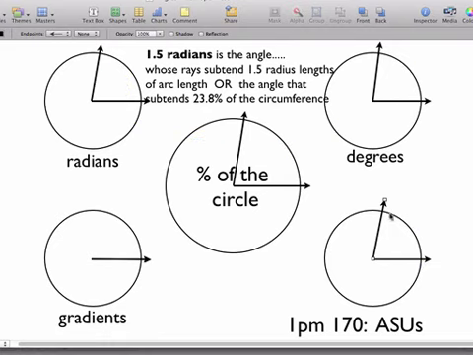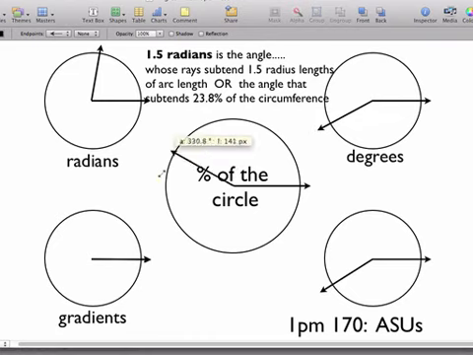Okay, so now we're doing 170. I'm guessing something like that. Am I right? Kinda? That's about right.